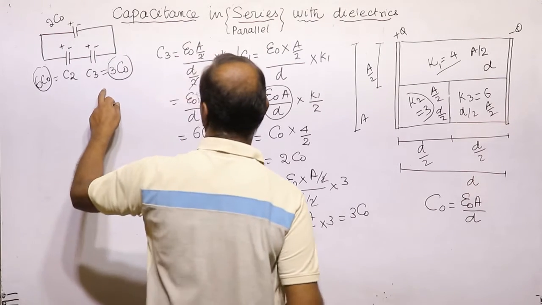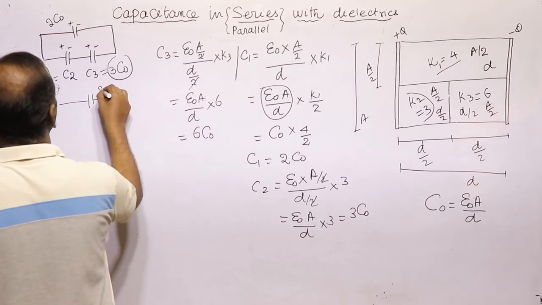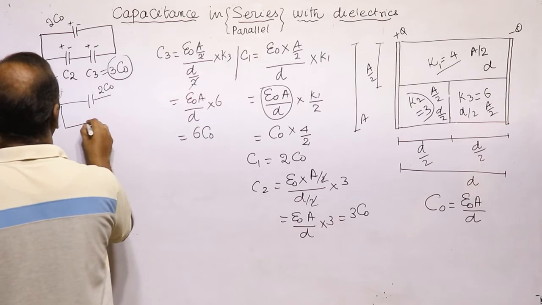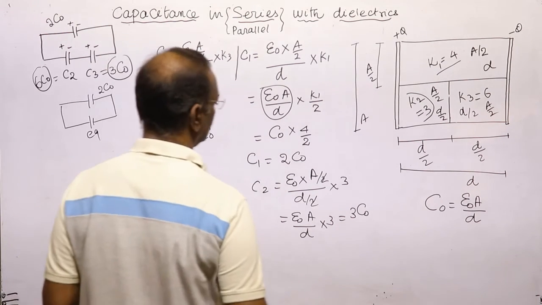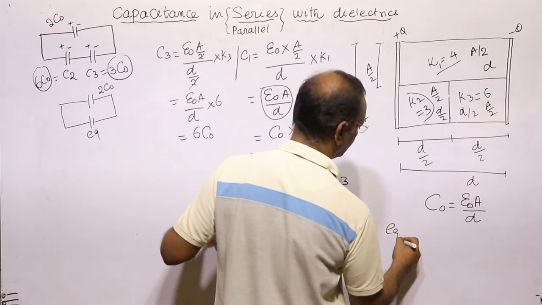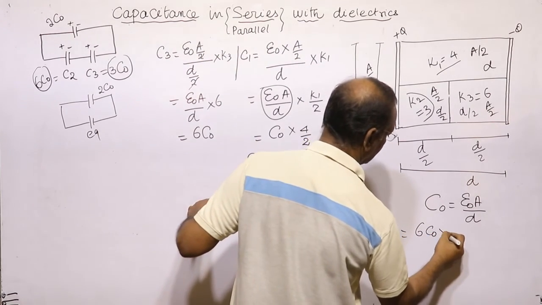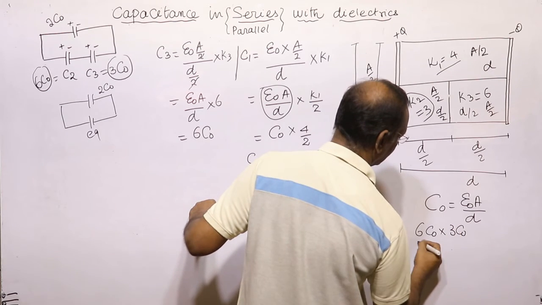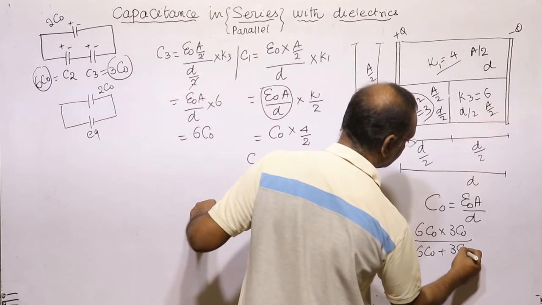So for this equivalent circuit, we take this one, 2 C naught, and the equivalent. The equivalent is obtained by multiplying these two, 6 C naught into 3 C naught, and adding these two, 6 C naught plus 3 C naught.